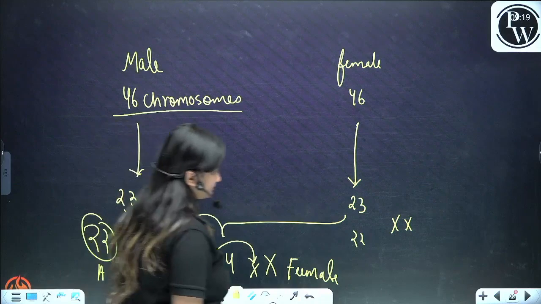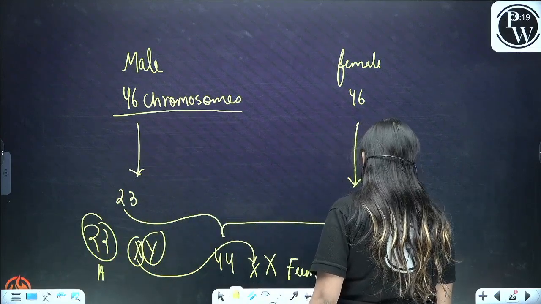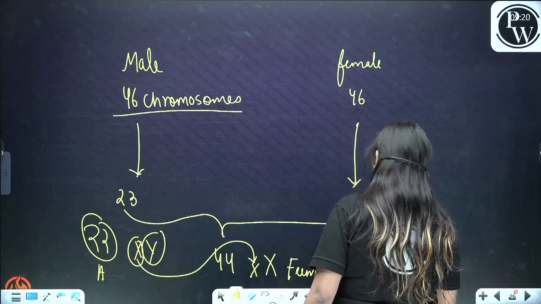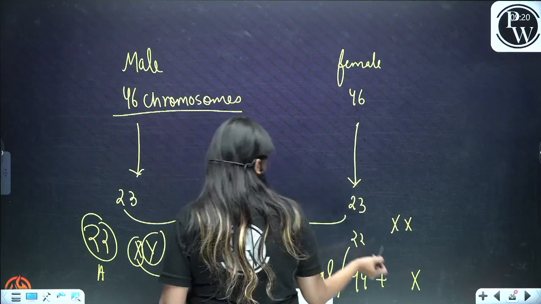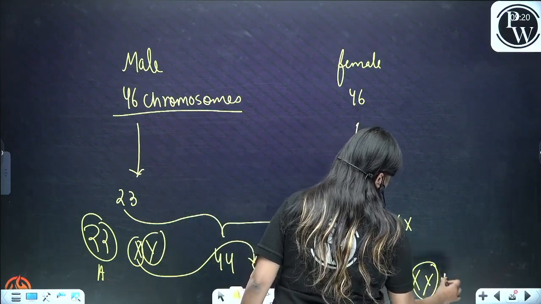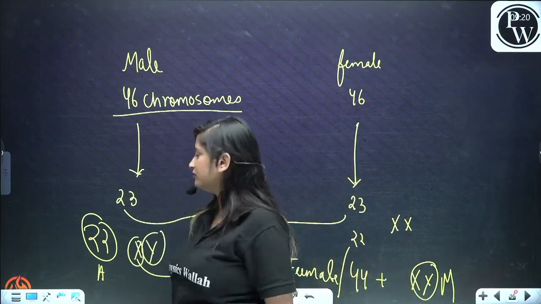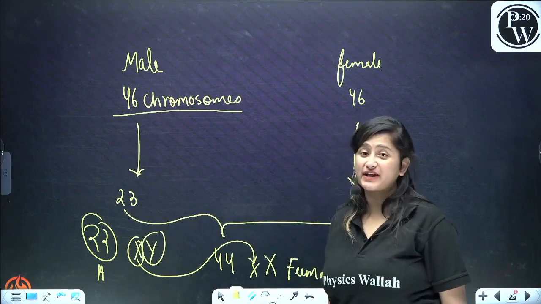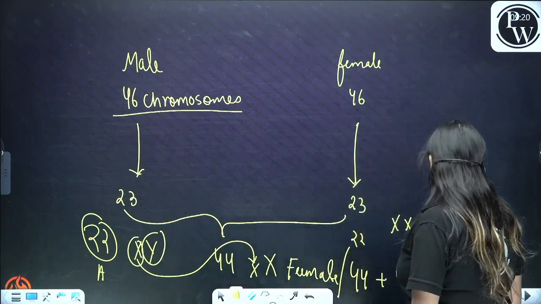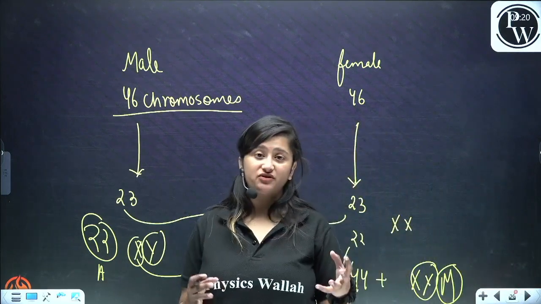And if from the father it got Y, then it's a male kid, because Y is a short chromosome, because the male is heterozygous, whereas the female is homozygous. So that is a male one. Okay, so this is the sex determination.